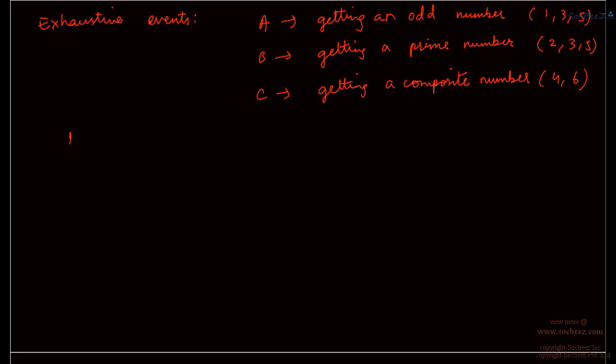So I can tell that A, B and C are exhaustive events. Similarly, if we just consider B and C, you have 2, 3, 5, 4 and 6. So 1 is missing, right? So B and C are not exhaustive events.